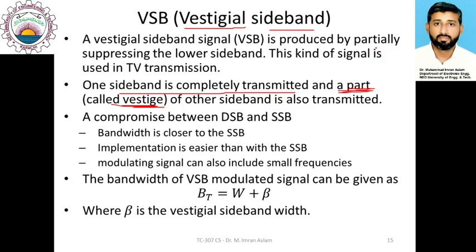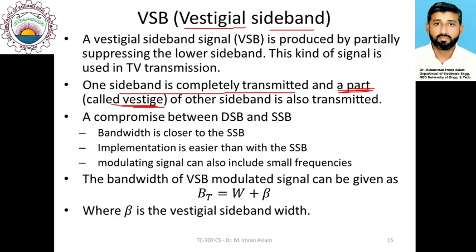So if we try to completely remove the entire sideband, it also reduces the amplitude of the low frequency components that are present in the TV signal. In order to preserve those low frequency components, we generally use this vestigial sideband technique, where we only suppress part of the sideband.